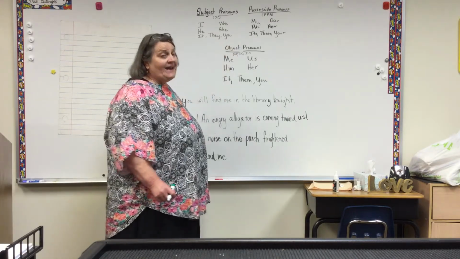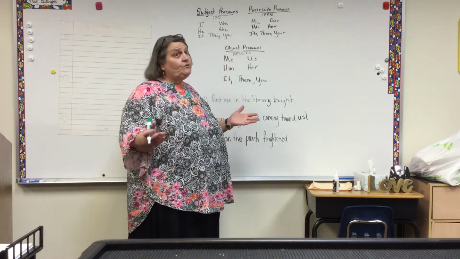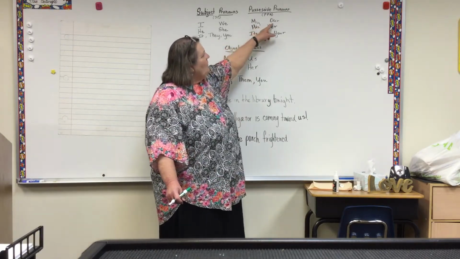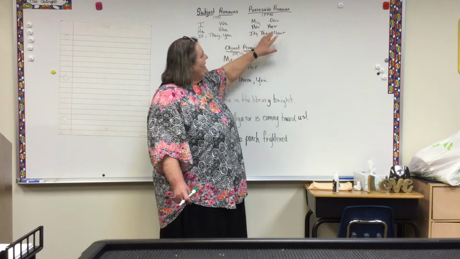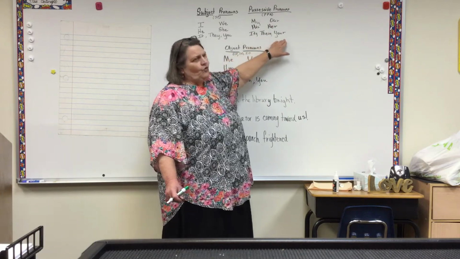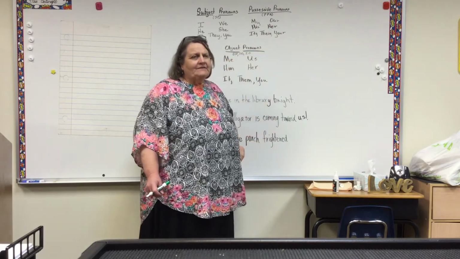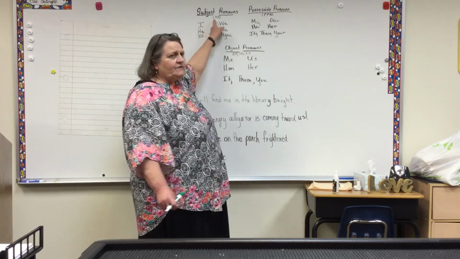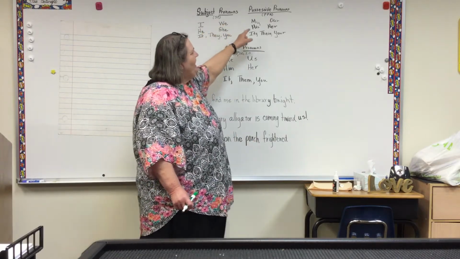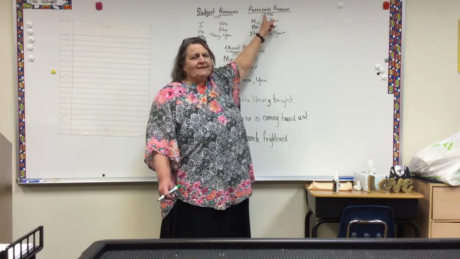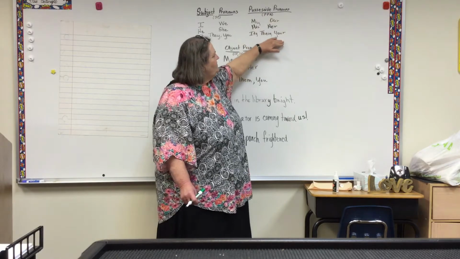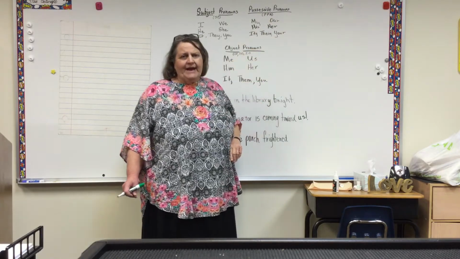Then we have the possessive pronouns, which answer the question whose: my and our, his and her, its and their and your. We recognize these things in a sentence by putting SP over the subject pronoun and PPA over the possessive pronoun adjective, because these become adjectives, okay?